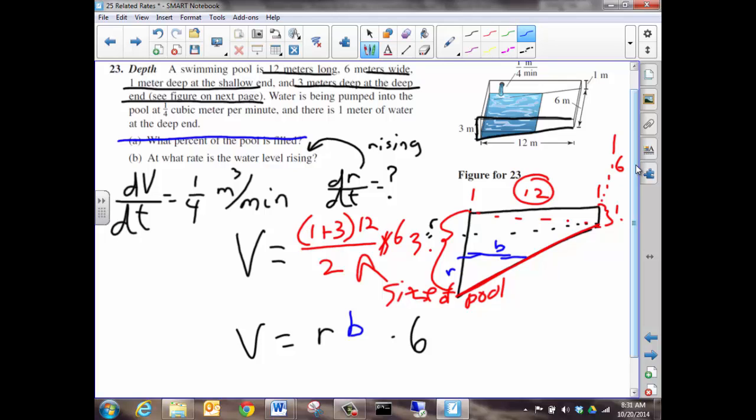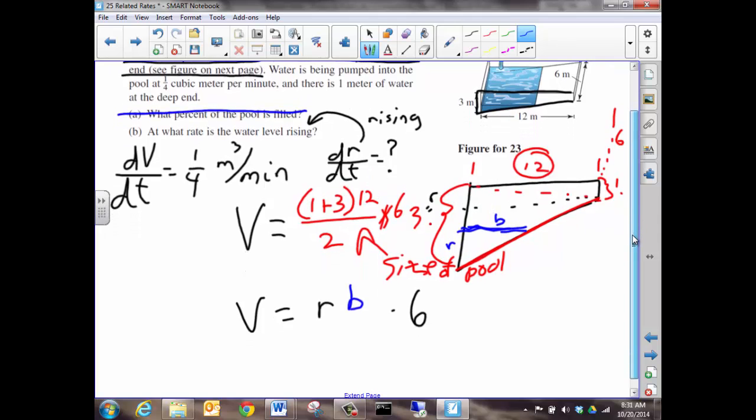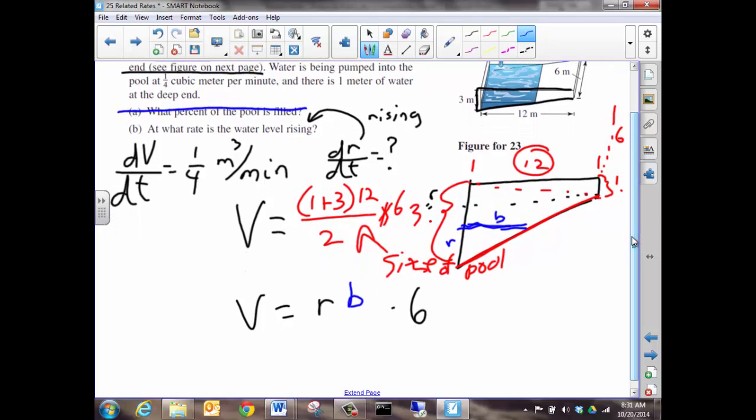So there's 1 meter. So we're at about this level right here. Would you agree with that? So we don't need to worry about this top rectangle here. It's as if right now that's not even there for us. So we just need R, B, and how deep.